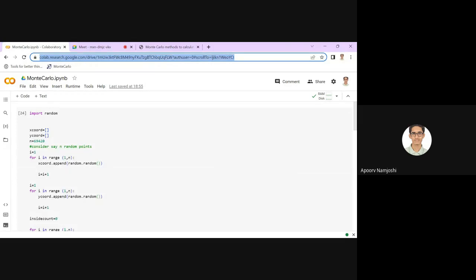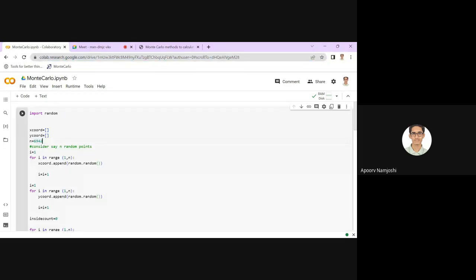So what we are doing here is, let us start with a small n first. We are considering n random points within the square. This is a list, the x coordinates list. It represents the x coordinates of the random points.